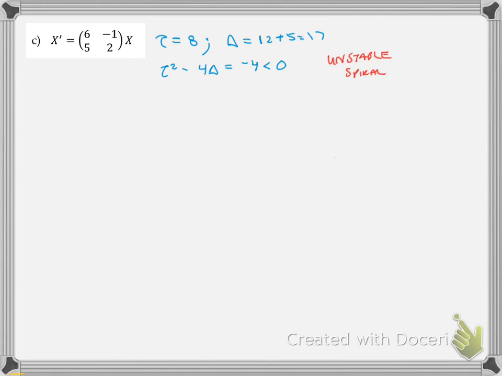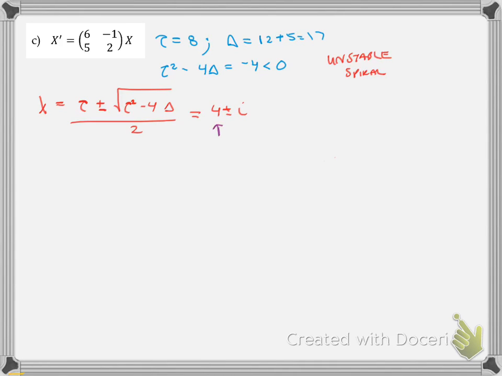All right, and so here, let's find our eigenvalue. So lambda is, remember, tau plus or minus the square root of tau squared minus 4 delta, over 2. And you should end up with 4 plus or minus i.